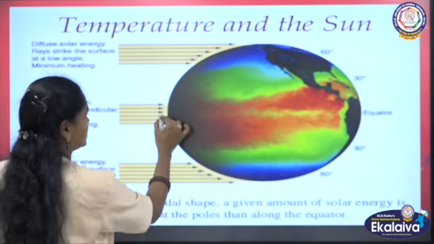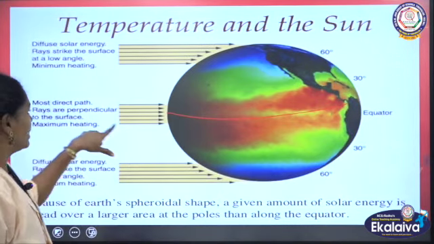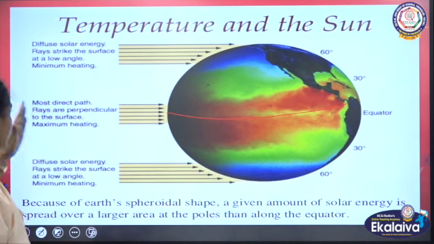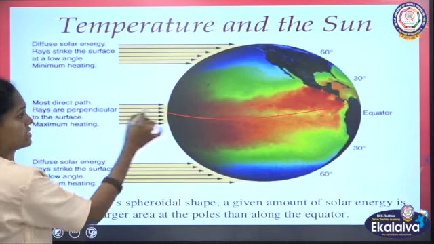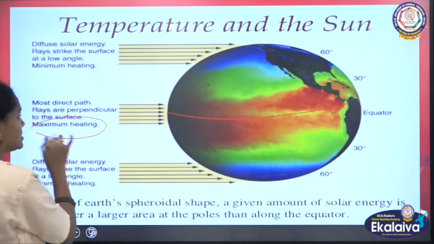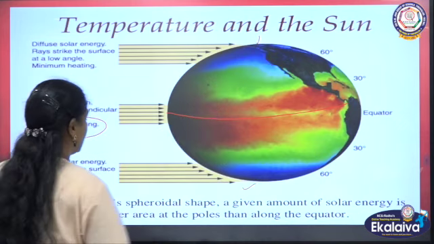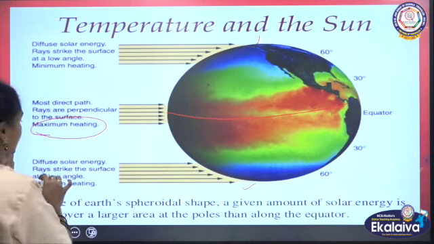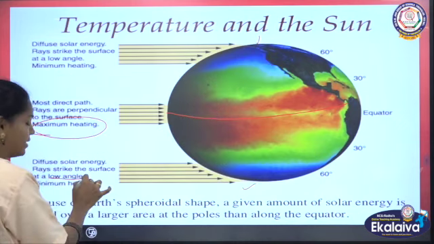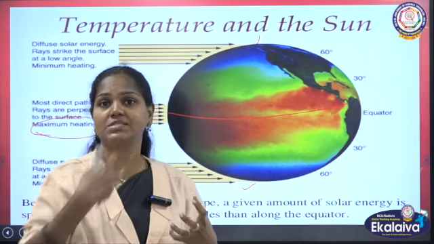This is the place where we have our equator. Here the perpendicular rays reach the surface of the earth, so there is maximum heating, whereas near the poles the rays are received at a very low angle, so a very minimum of heat energy is received.